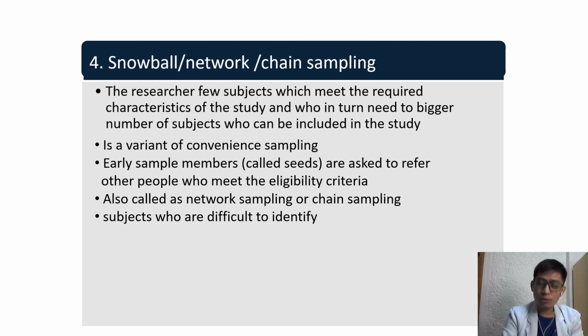Snowball, network, or chain sampling. The researcher finds a few subjects who meet the required characteristics. It is a variant of convenient sampling. Early sample members are asked for referrals to others who meet the eligibility criteria.